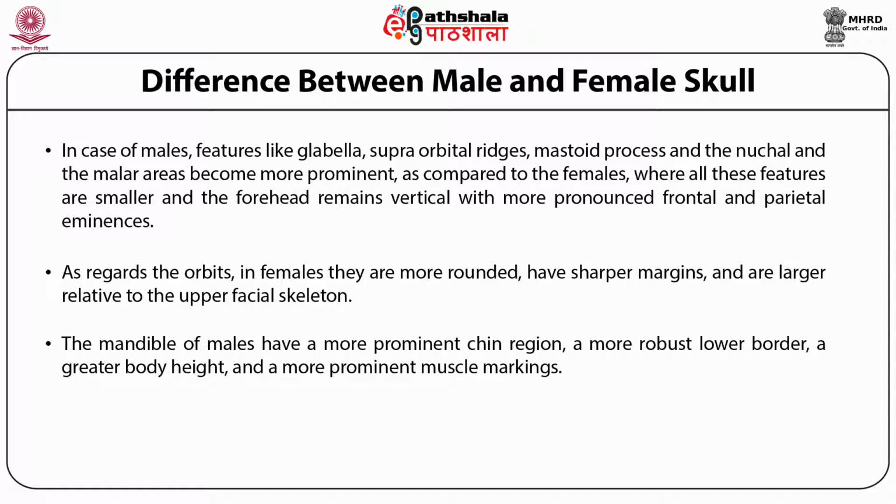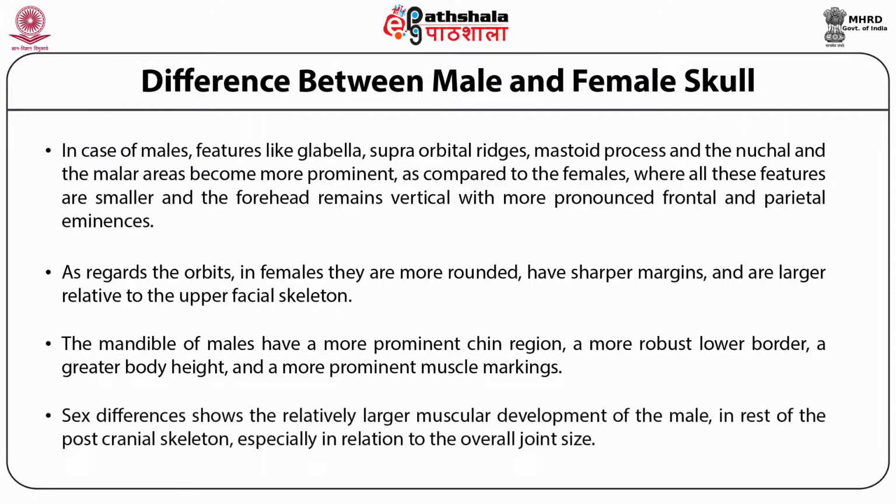The angle formed between the body and the ramus is more acute in males than in females. Sex differences show the relatively larger muscle development of the male in the rest of the postcranial skeleton, especially in relation to the overall joint size.